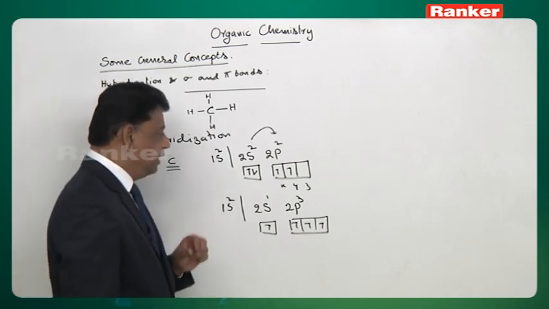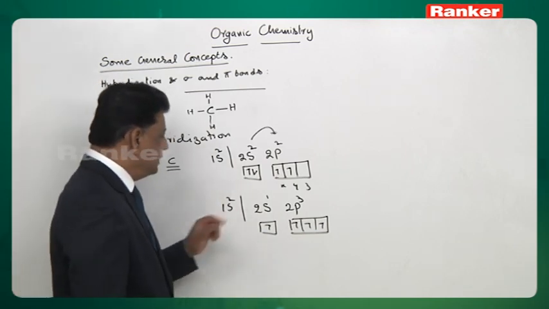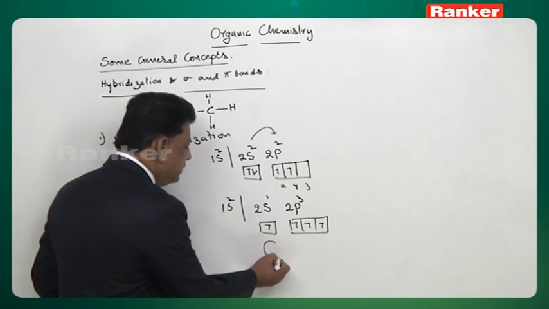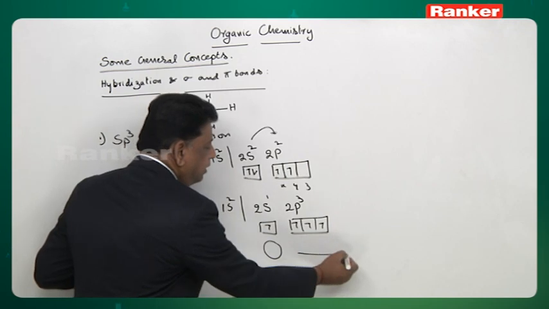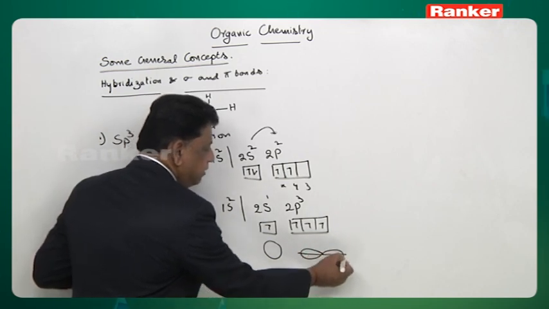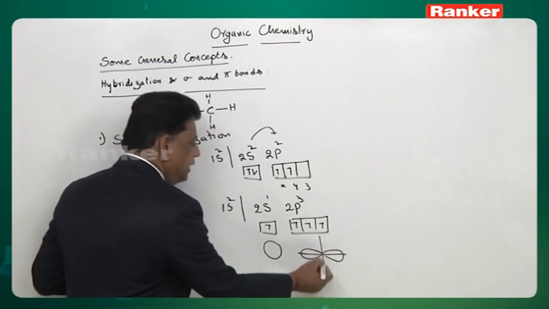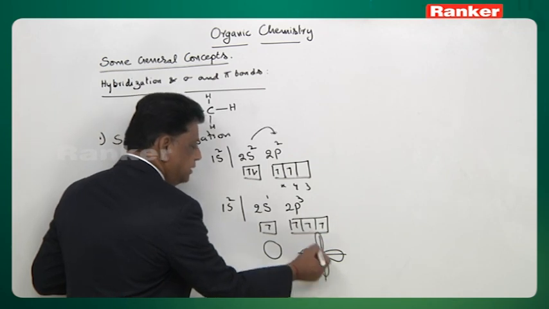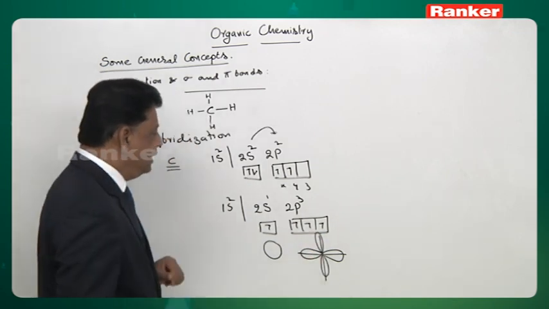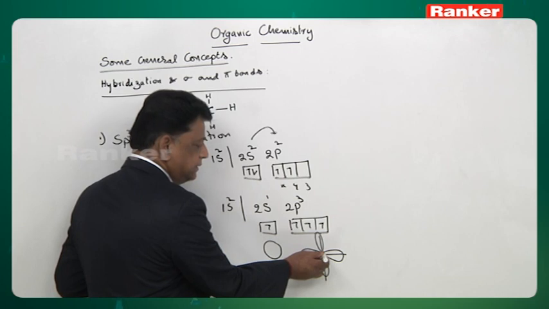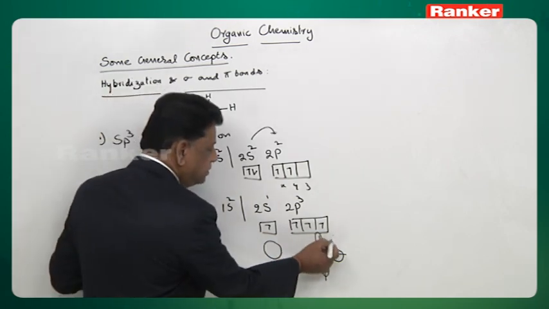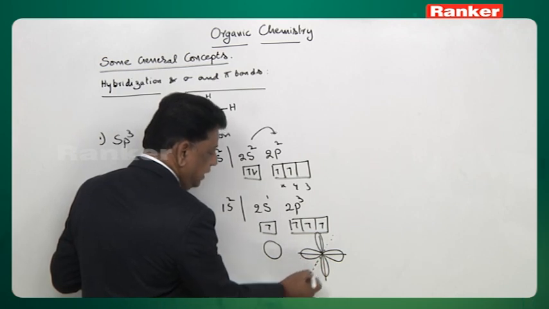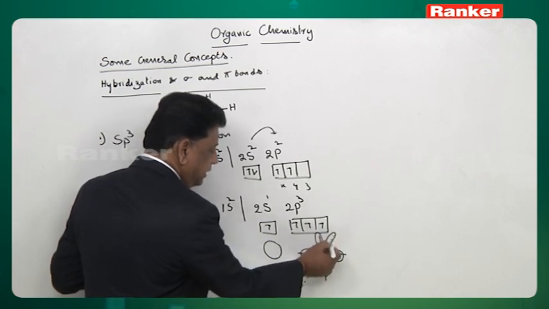But we have to consider one more thing. The s orbital is a spherical type of orbital, whereas of the p orbitals, one will be on the x axis, dumbbell shape, one will be on the y axis, again dumbbell shape, and one more, the pz orbital, will be like this, half towards our side and half towards the back side, which may be written like this, on the dotted line we are showing.